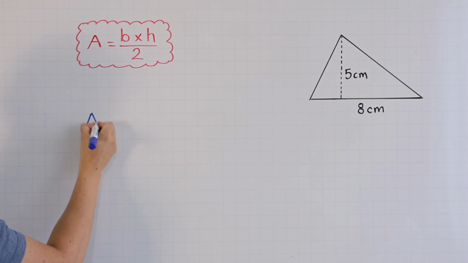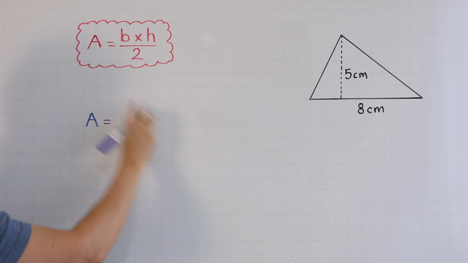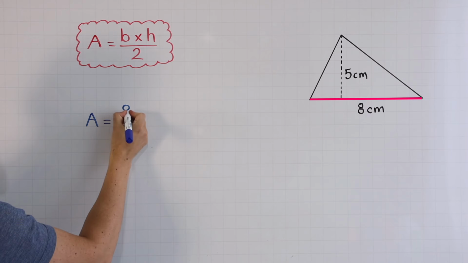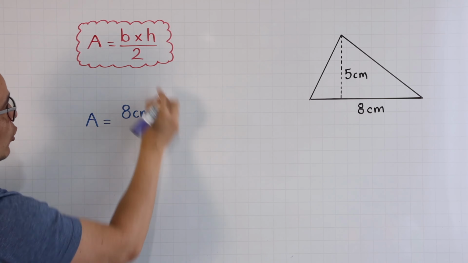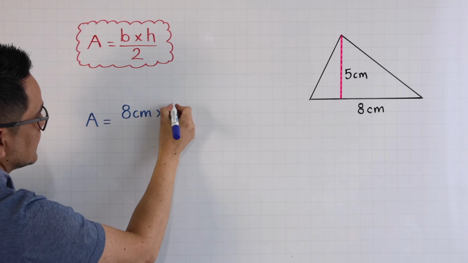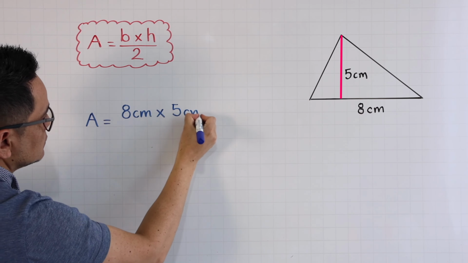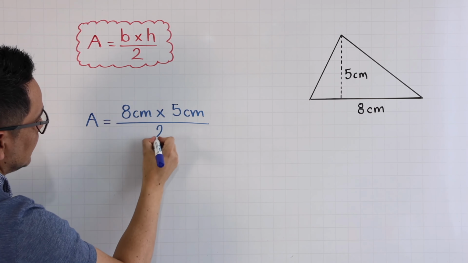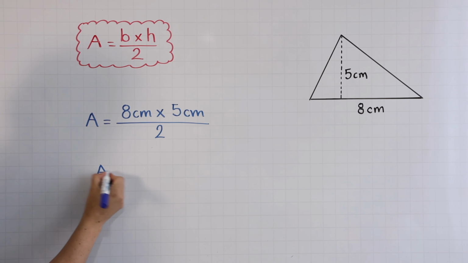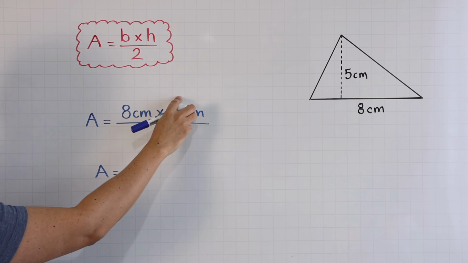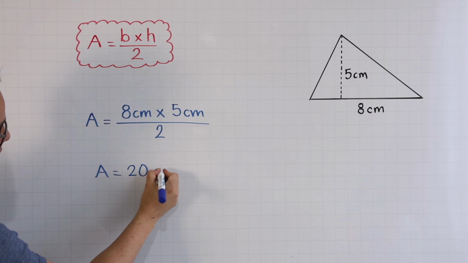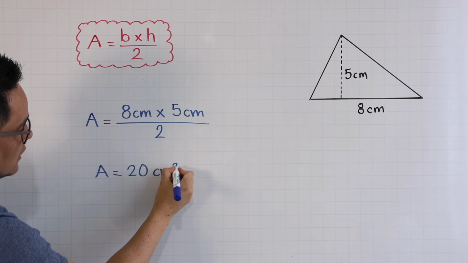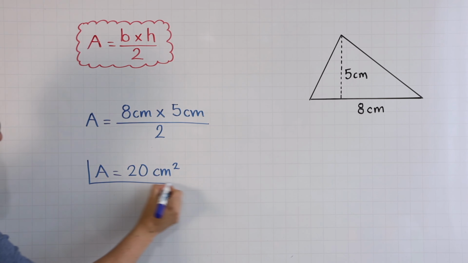The area is equal to the length of the base, which is 8 centimeters, times the height, which in this case is 5 centimeters. And all of this is going to be divided by 2. Let's do the math. 8 times 5 is 40, and 40 divided by 2 gives me 20. Done. Now we have that the area of this triangle will be 20 square centimeters. Done.